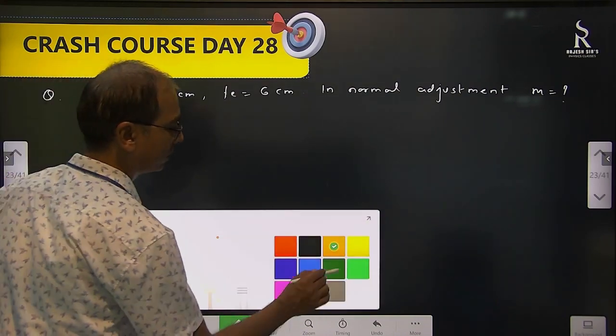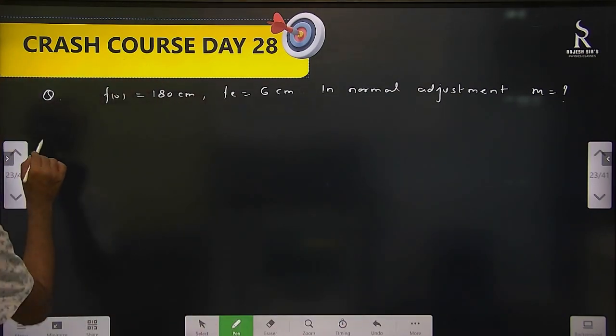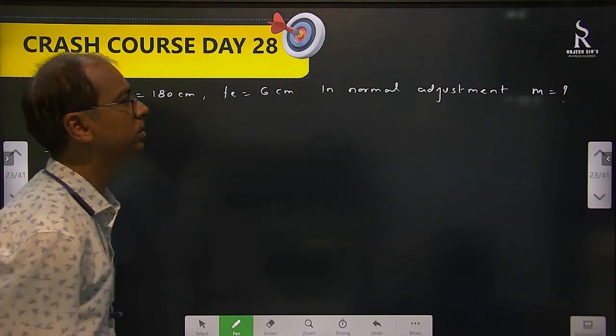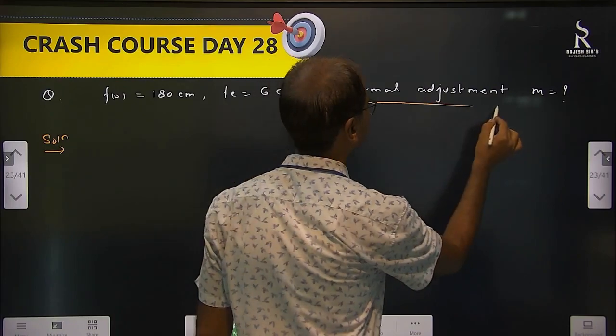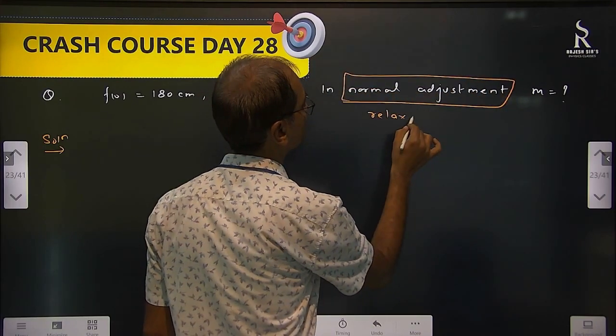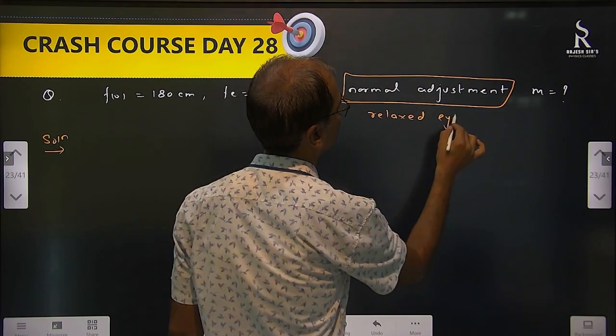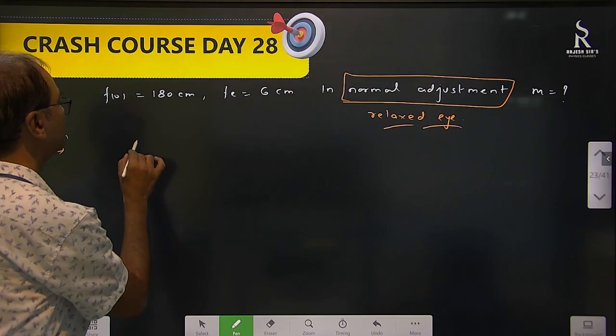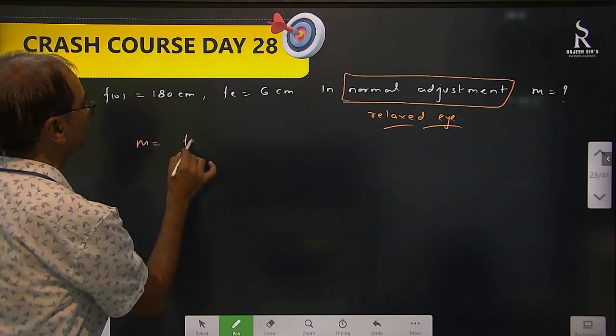Next is this. FO value 180, FE value 6 for normal adjustment. Now normal adjustment means what? Normal adjustment means relaxed eye. Relaxed eye means what? Image forming at infinity. So image forming at infinity means FO by FE. That's all.